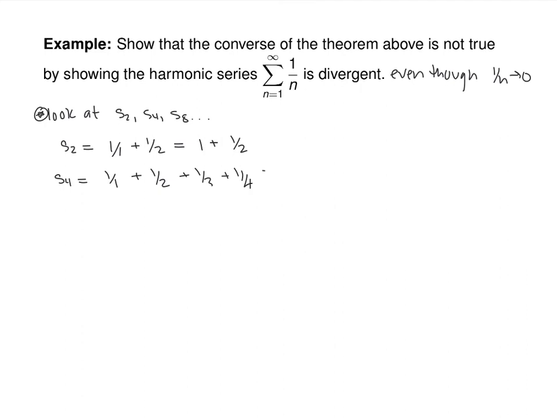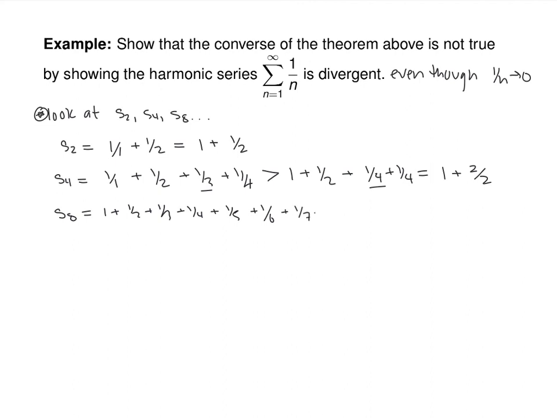And notice that this is bigger than 1 plus a half plus a quarter plus a quarter, because 1/3 is bigger than a quarter. And that's the same thing as 1 plus 2 over 2. Now S8, that'll be 1 plus a half plus a third plus a quarter plus a fifth plus a sixth. This is going to take a while. Plus a seventh plus an eighth.